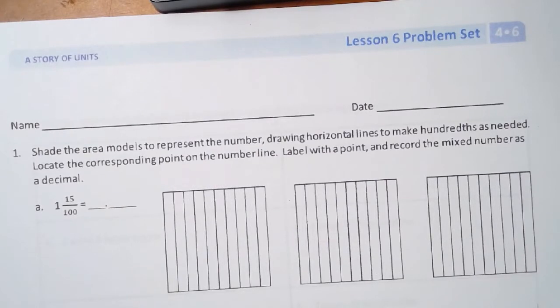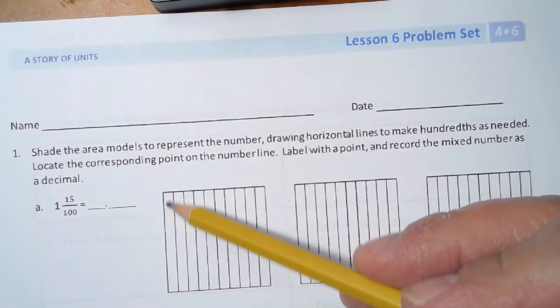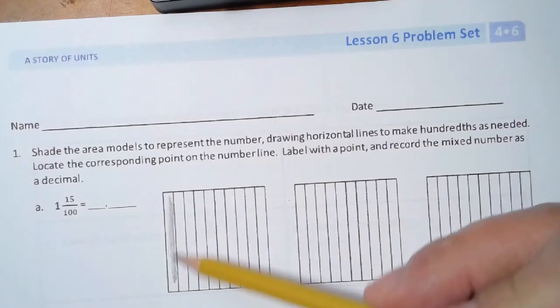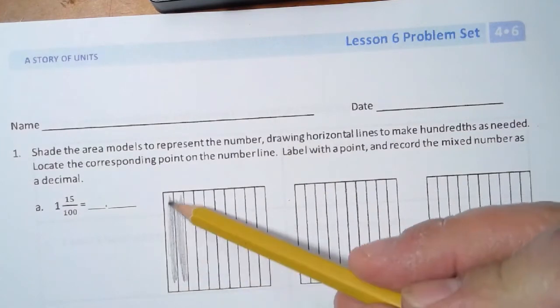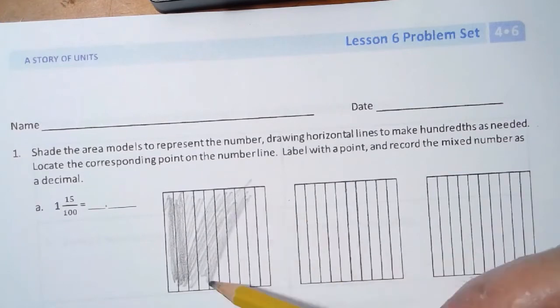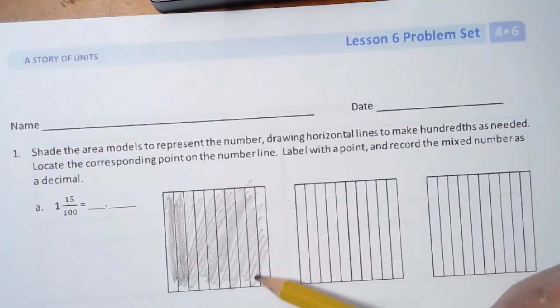The number is 1 and 15 hundredths, and since these squares are in tenths, 1 square equals 10 over 10. So in order to represent one whole number, I need to shade the whole thing. I'm going to use pencil this time.